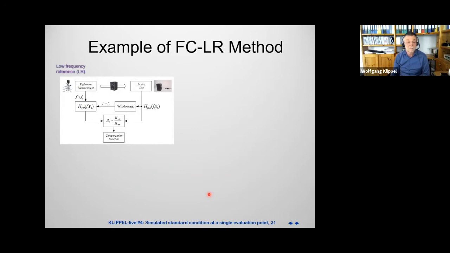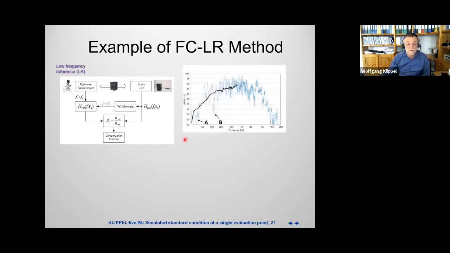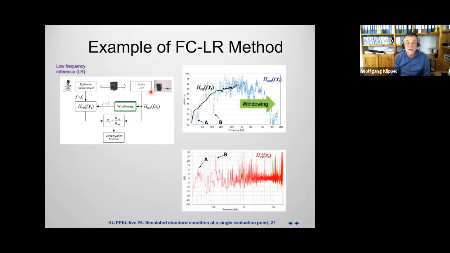Here is an example. The black curve is actually the low frequency reference, a 7-minute scan. The blue curve is H-test here, very much corrupted by the room influence. By windowing, we can generate a relatively good result for that.